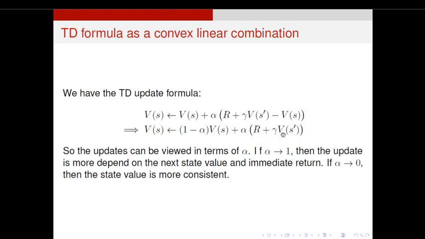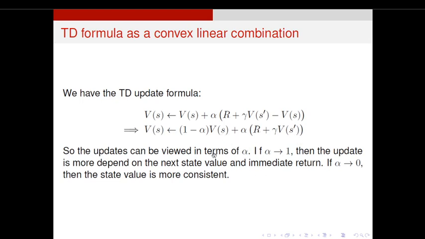So R plus gamma V(S') is an unbiased estimate of V(S). Or in short, V(S) can be written as a convex linear combination of V(S) and its unbiased estimate.